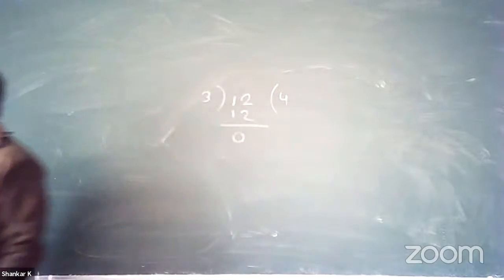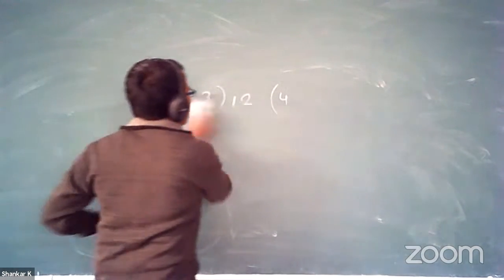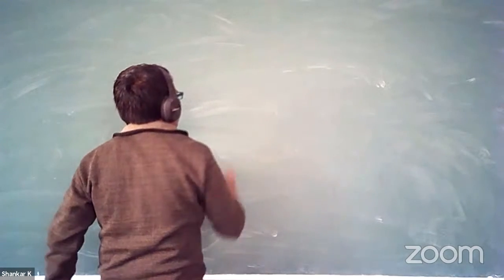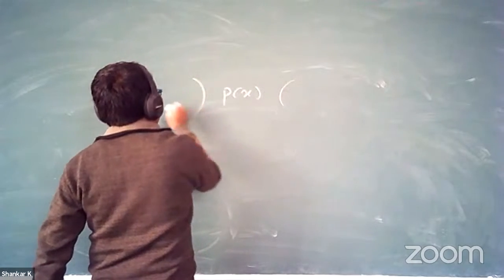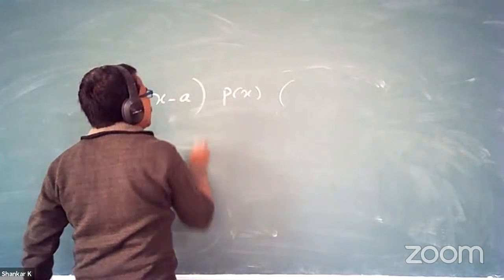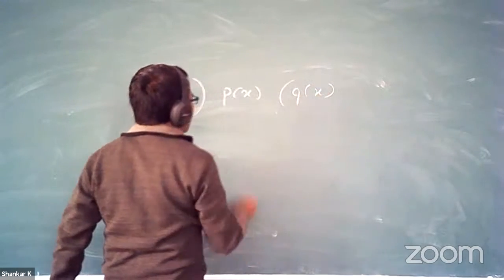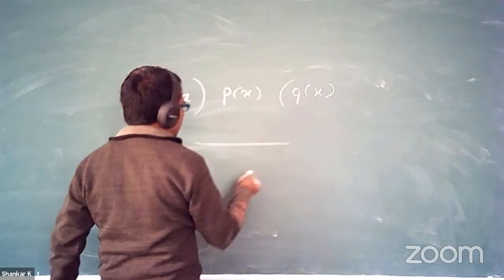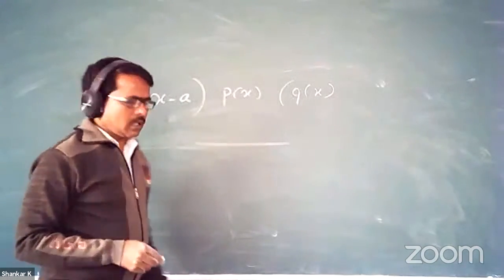Correct? Okay. For example, if p of x is a polynomial, and this polynomial is divided by x minus a, some quotient q of x will come, and a remainder will come. Already we have used the remainder theorem.